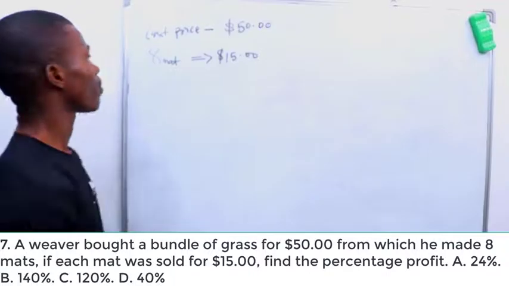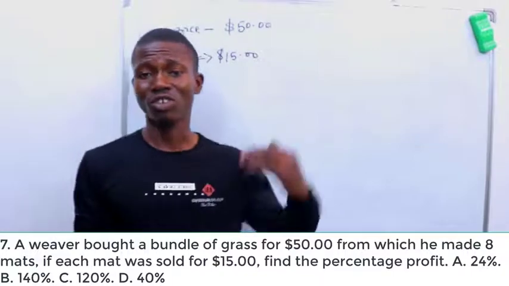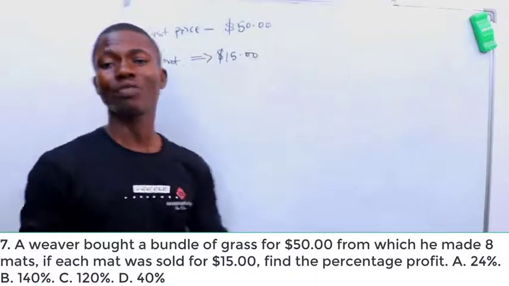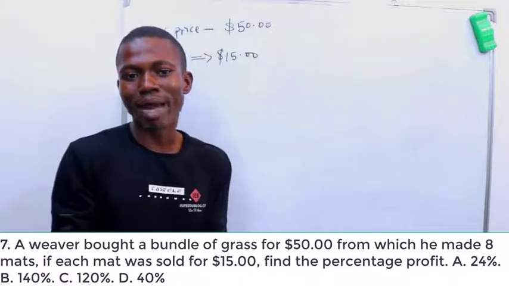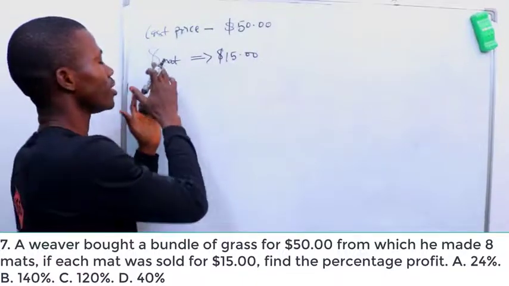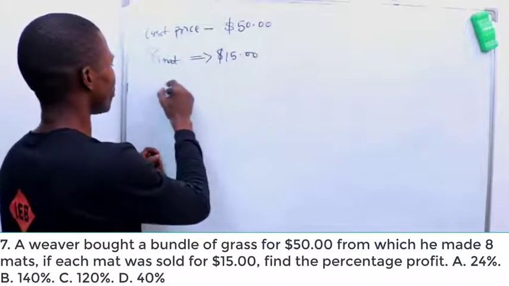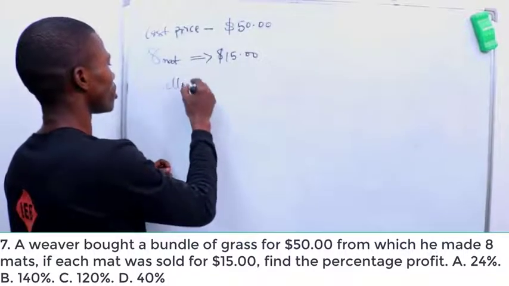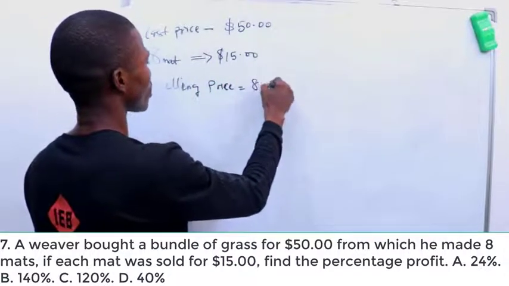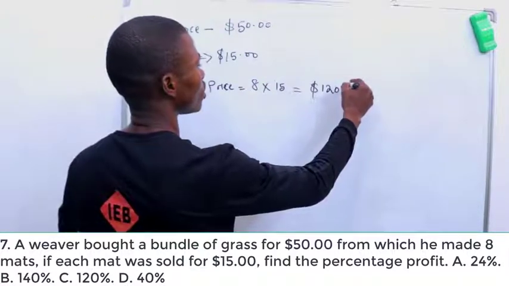So let's know the total percentage. Know how to get percentages: cost price minus selling price. He sold one for $15. If you want to know the total selling price, the guy has 8 mats and sold one for $15, so the total selling price is equal to 8 times 15, which will give us $120.